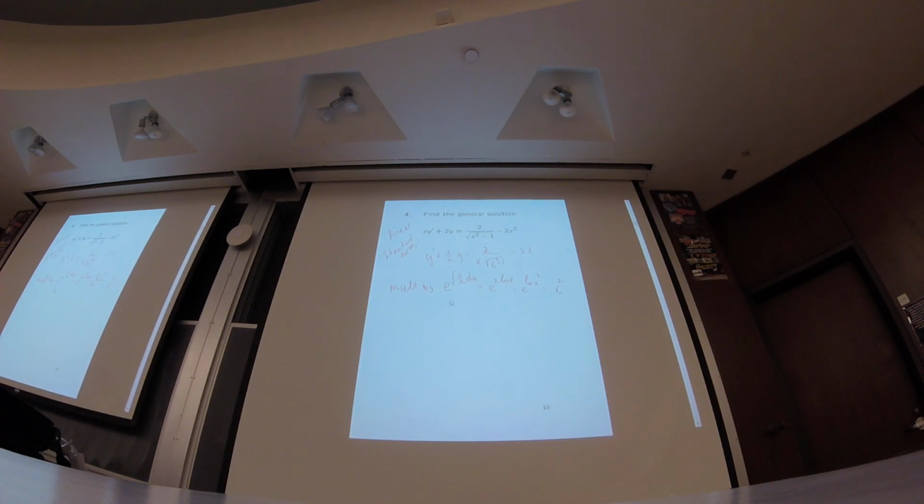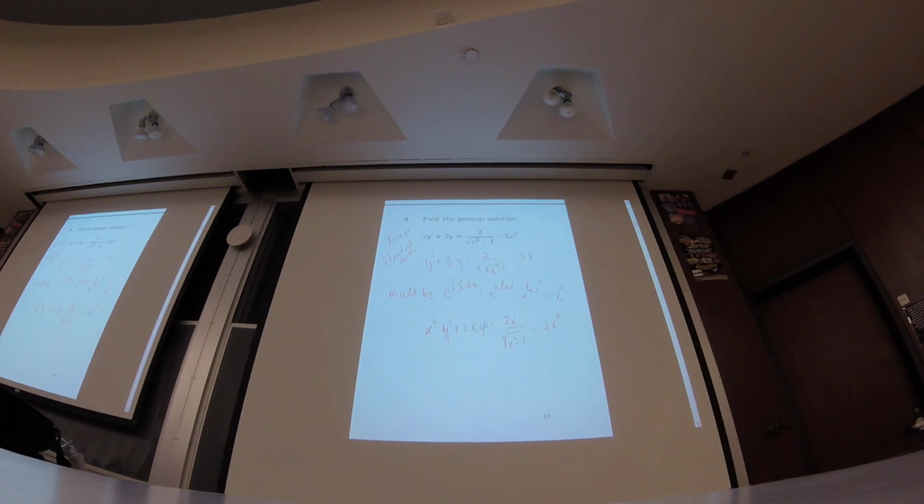So we get x squared y prime plus 2xy is 2x over the square root x squared minus 1 minus 2x cubed. I multiply through by x squared.